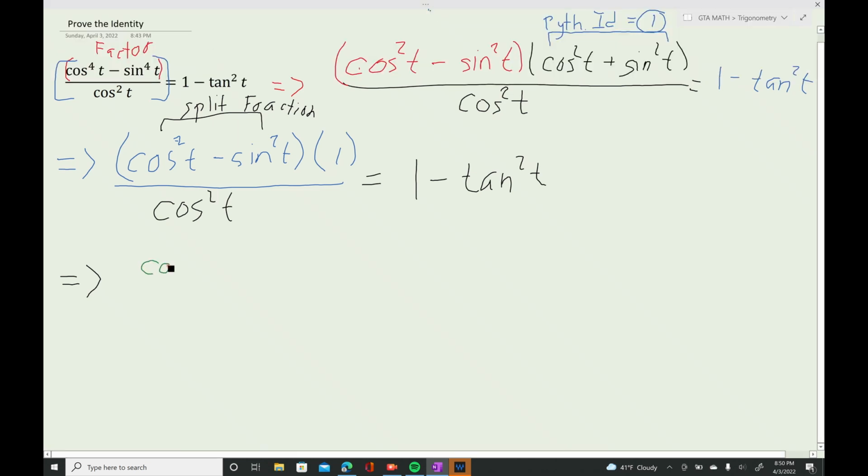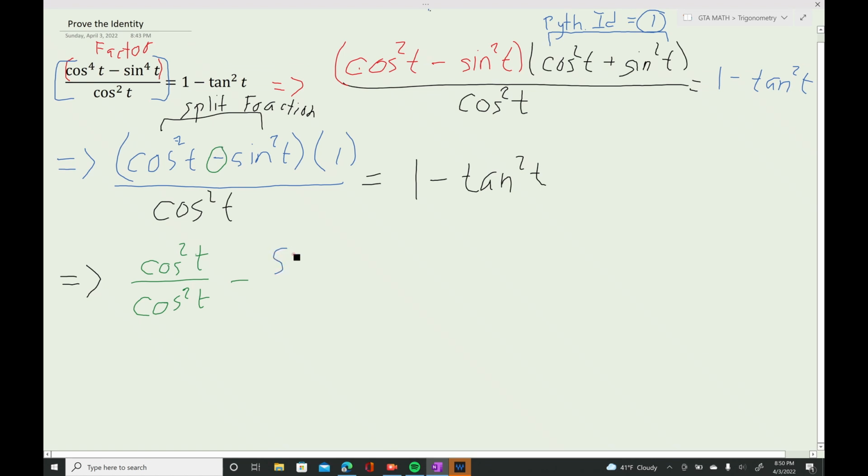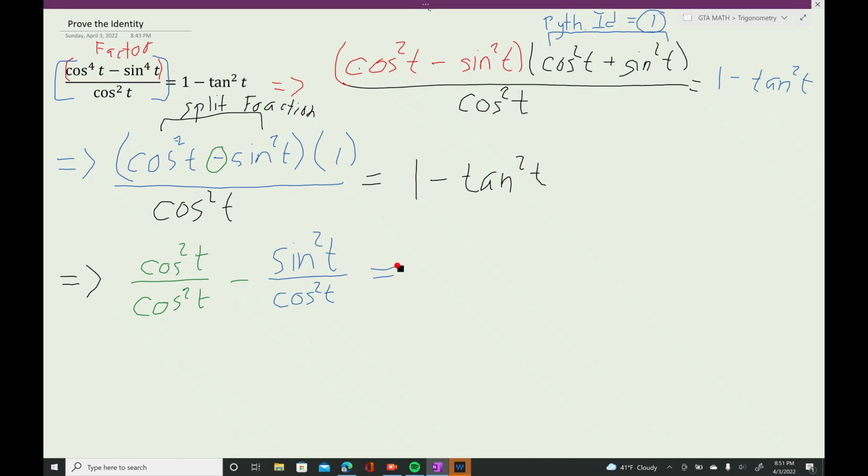So it should be cosine squared t divided by cosine squared t minus, because we're going to take this sine squared t over cosine squared t.